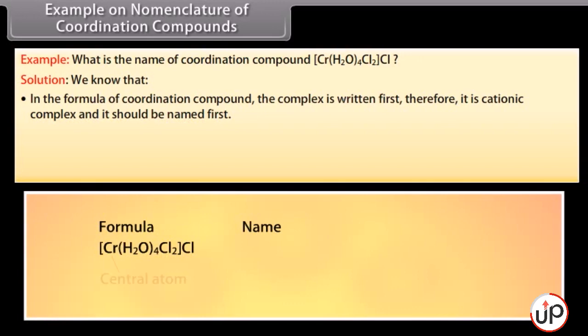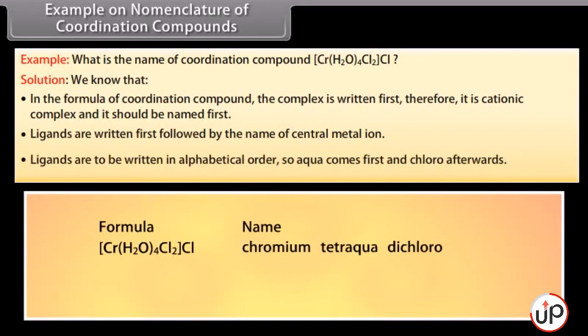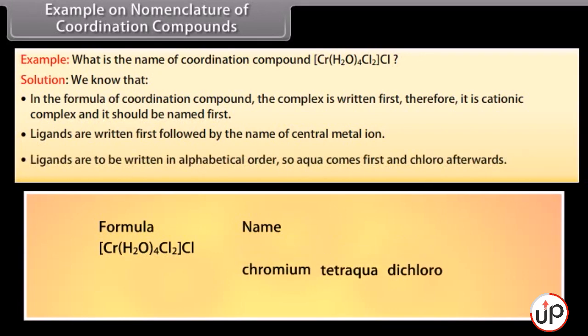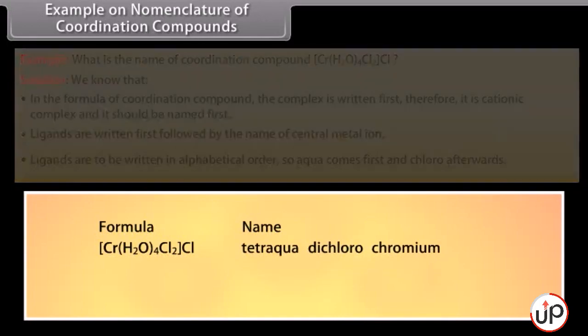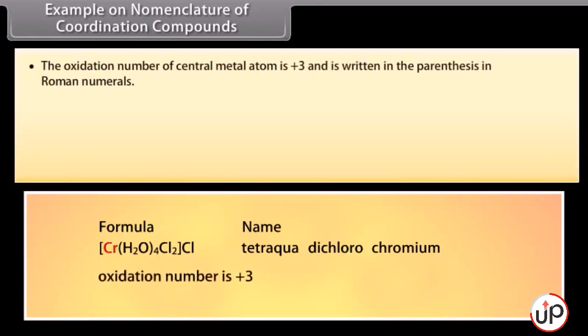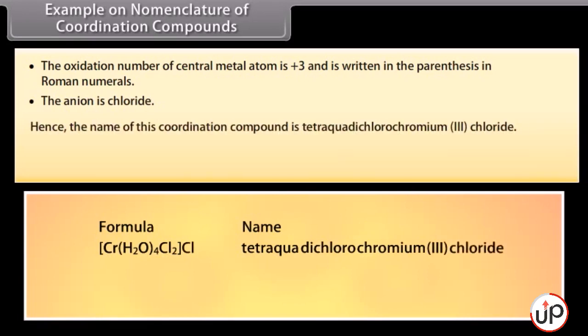As per rules, while naming the complex, ligands are written first followed by the name of central metal ion. Ligands are to be written in alphabetical order, so aqua comes first and chloro afterwards. The oxidation number of central metal atom is +3 and is written in parentheses in Roman numerals. The anion is chloride. Hence, the name of this coordination compound is tetraaquadichlorochromium(III) chloride.